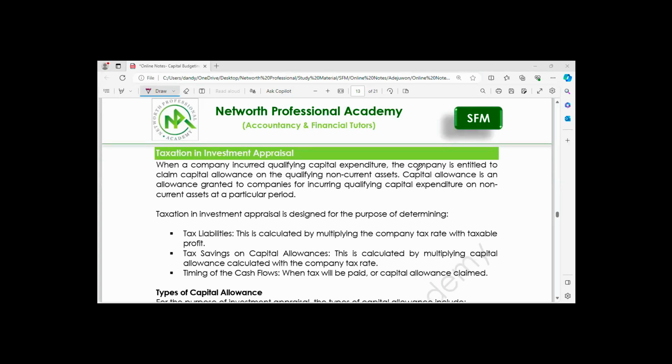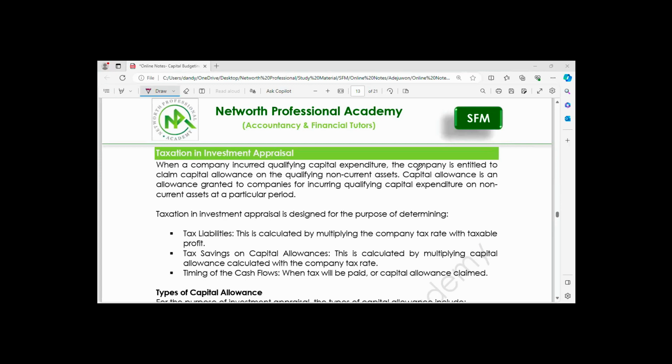The balancing allowance arises when the tax written down value from the preceding year is greater than the sales proceeds. Now, this is what I'm trying to say.